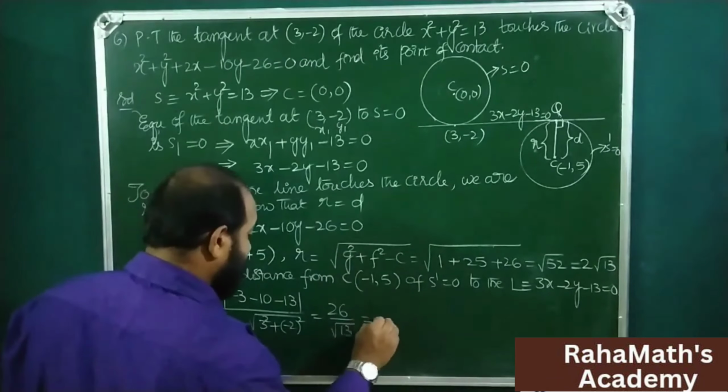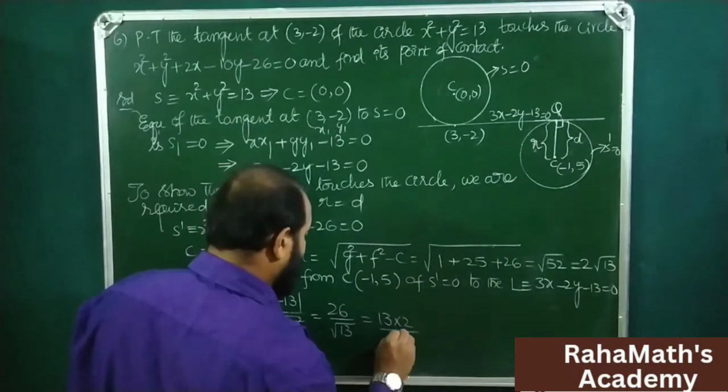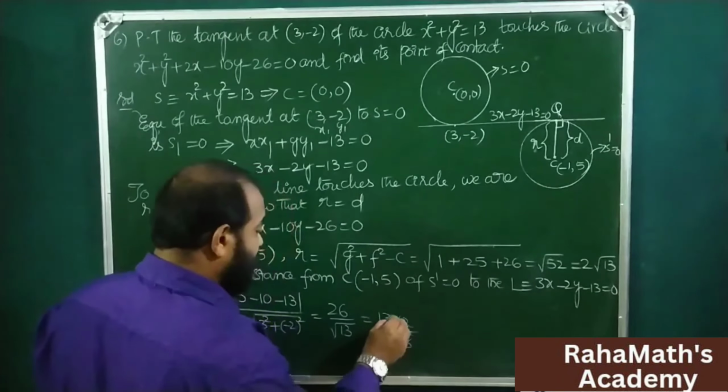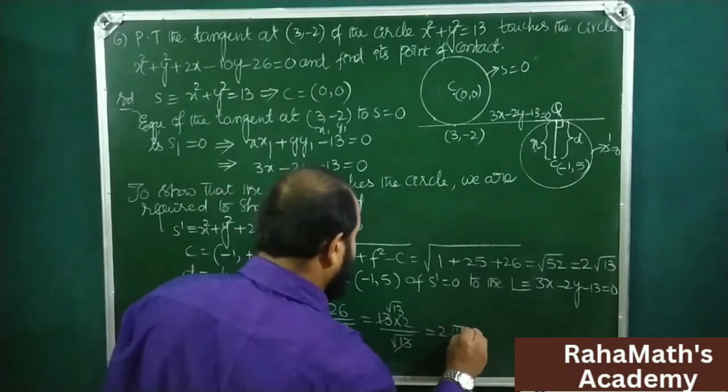So 26 is 13 twos, divided by root 13. If you cancel, we get 2 root 13.